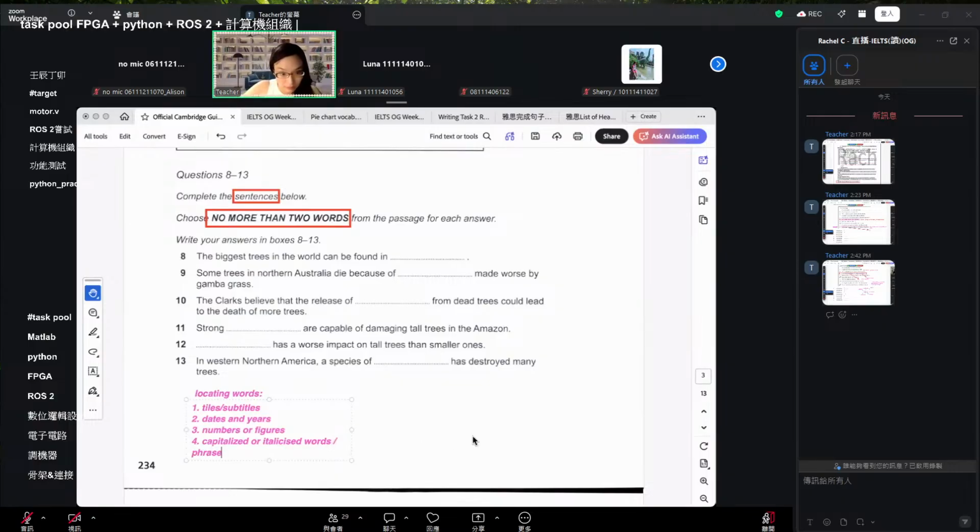What about number 5? Number 5 was referring to technical or unusual words, right? What's number 6? Number 6 was referring to, for example, locations, cities, villages, and so on. Number 7 was referring to the word that carries specific meaning, right?